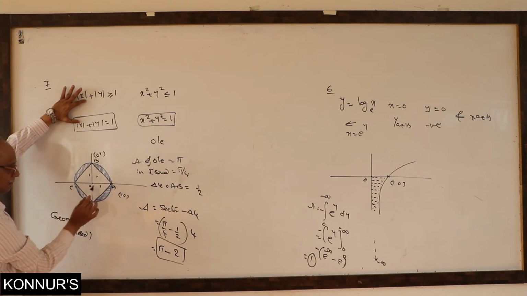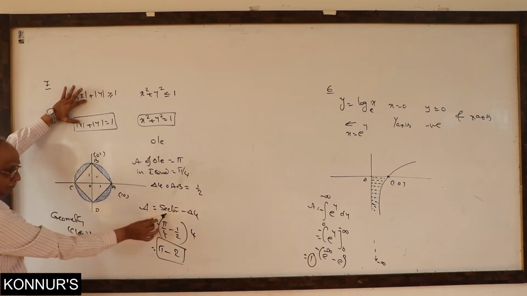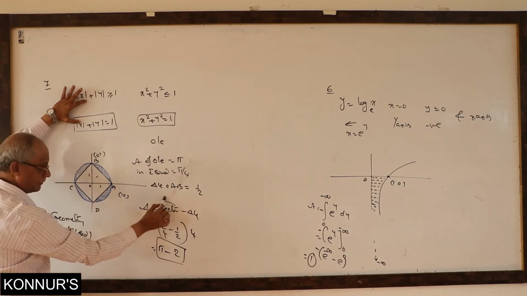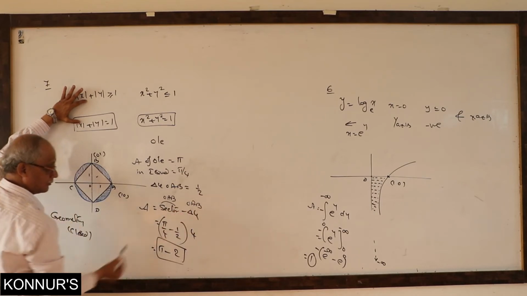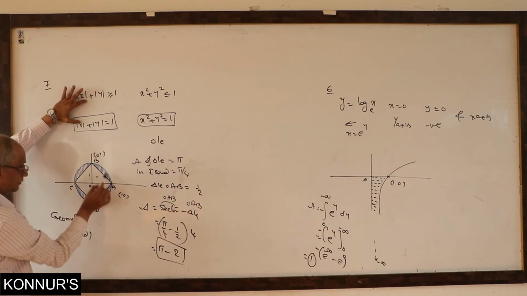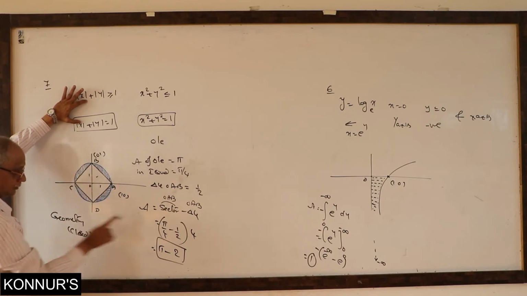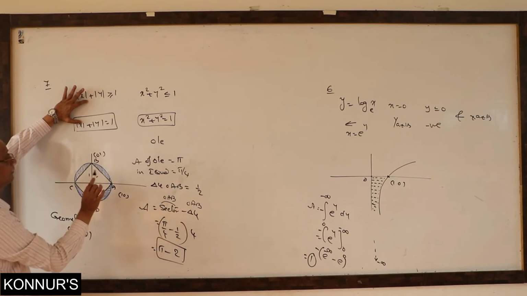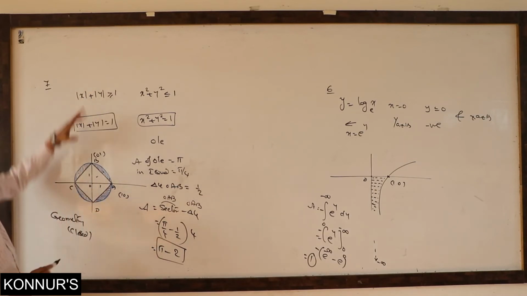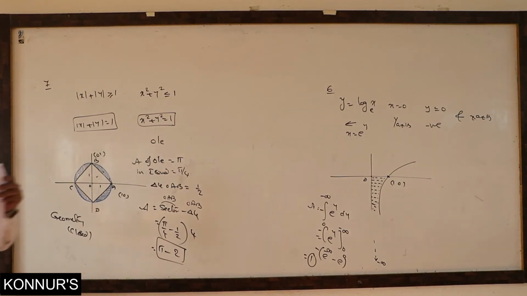Sector OAB minus triangle OAB. This is sector OAB, this is triangle OAB. Now you got this answer. Circle minus triangle, one region, then multiply by 4. So better we practice this type of model more. Diagrams will carry more weight.